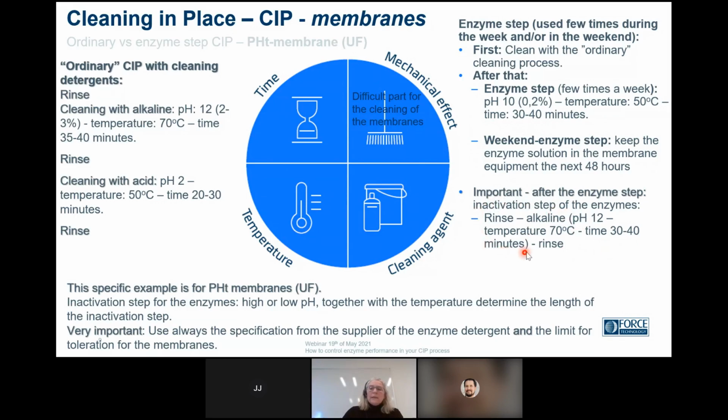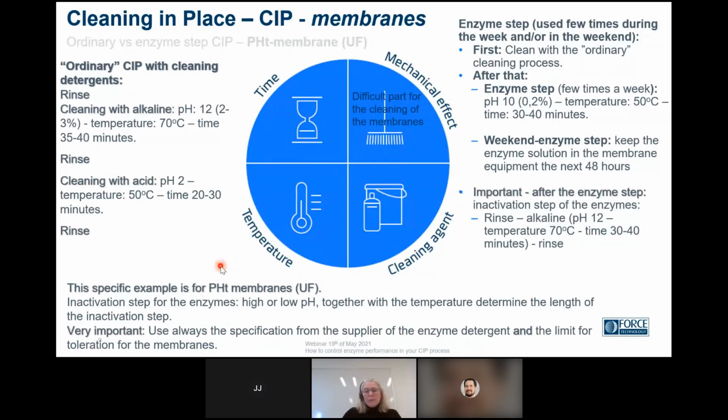This step is actually the same as the first step in the ordinary CIP cleaning. So the inactivation step for the enzymes is very, very important. In this case it is a high pH, but the pH to inactivate can also be a low pH.